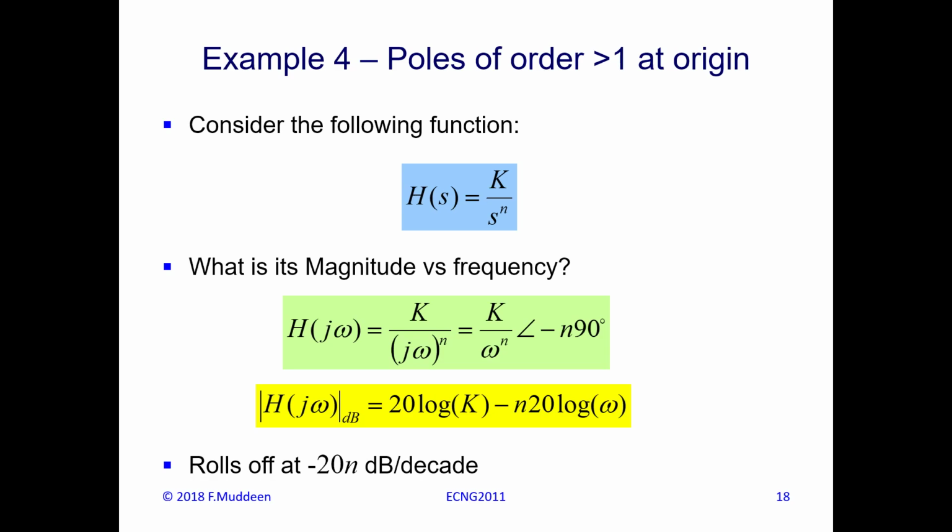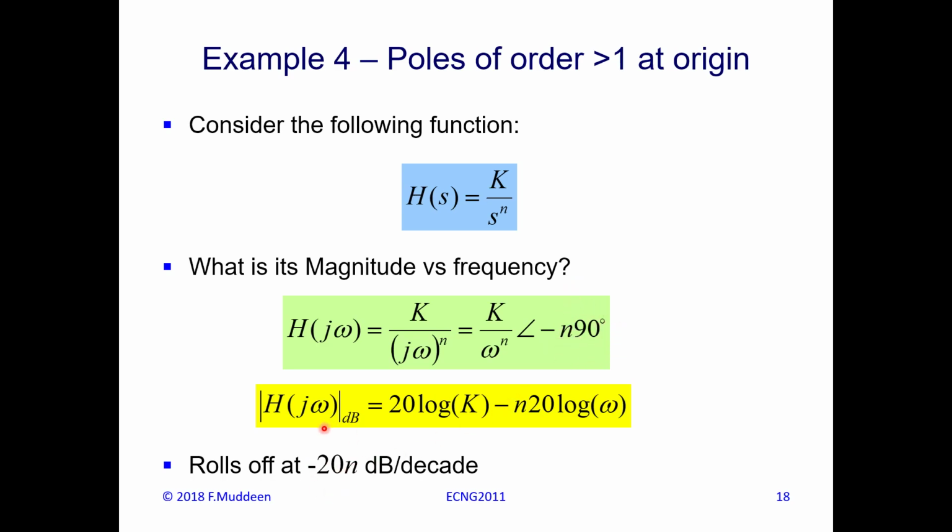So what happens here is because of these powers of n affecting our S component, our gradient is affected accordingly by a multiplicative factor, and our phase here is affected accordingly by a multiplicative factor as well.